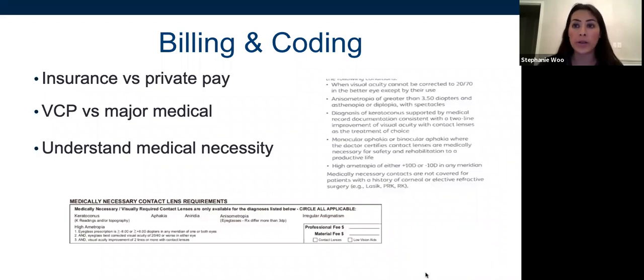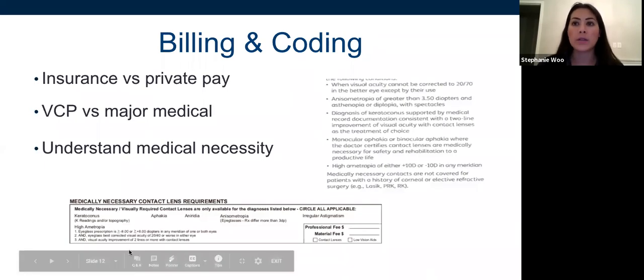And the important thing is, it is not the same across the board. So somebody that has anisometropia might need 8 diopters for one company, and it could be 3 diopters for another company. So it's really important to not get super comfortable with, oh, okay, I know exactly what this insurance is going to cover, because every single plan is different.